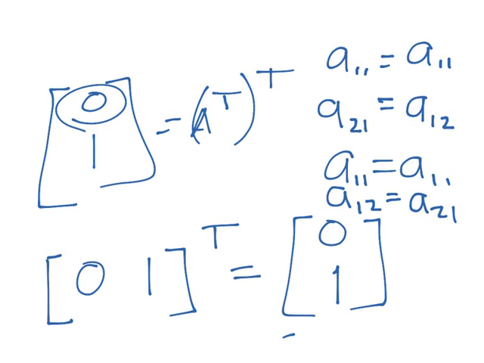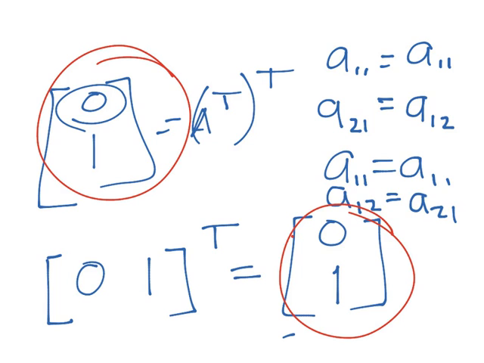So it's 0, 1. And oh surprise, this is exactly the same thing. And that always happens, doesn't matter the size, if it's a square, a rectangle, whatever, the transpose of the transpose is always going to give you the original matrix.